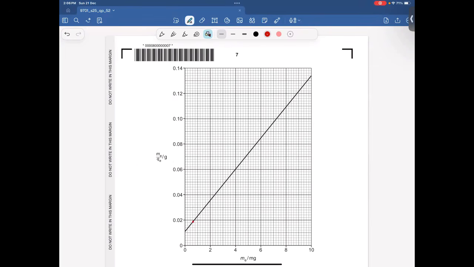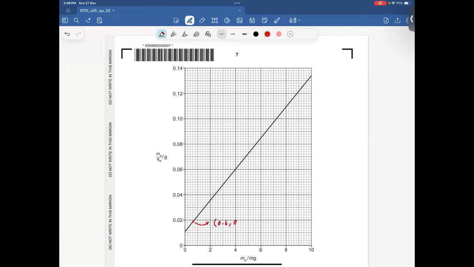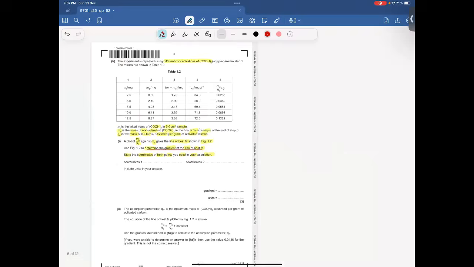Take this point, the easiest one, and the coordinates of this point are basically 0.6, 0.018. Another at this point, and the coordinates of this point are basically 10, 0.134. So I'm going to use these two coordinates to get the gradient.